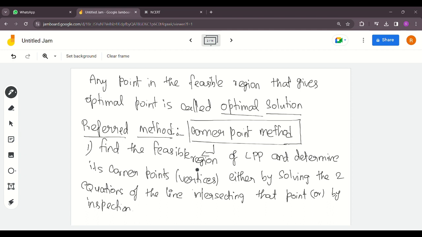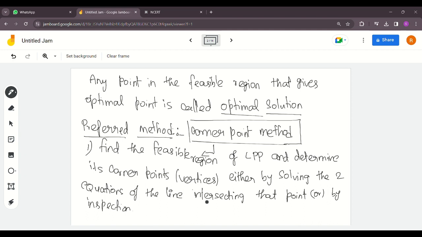So find the feasible region of the LPP and determine its corner points, vertices, by solving the two equations of the lines intersecting. There will be two given equations in some cases, like x plus 3y less than or equal to 24 and 2x plus y less than or equal to 12. You need to solve those two equations.